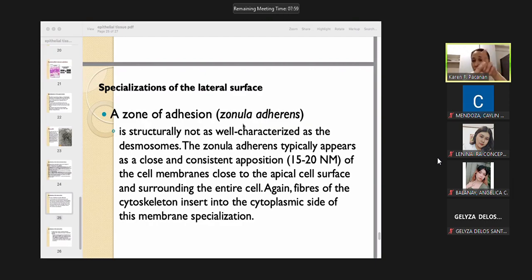Actually, the gaps are filled with adhesion proteins. So even though meron siyang gap, it is completely filled with adhesion proteins. Kaya pag nakita natin yung cells, they are densely packed together. Okay, so that's the second one, zonula adherens.